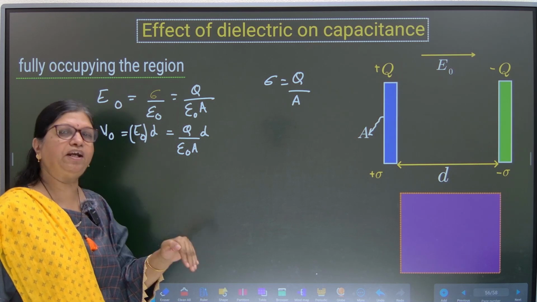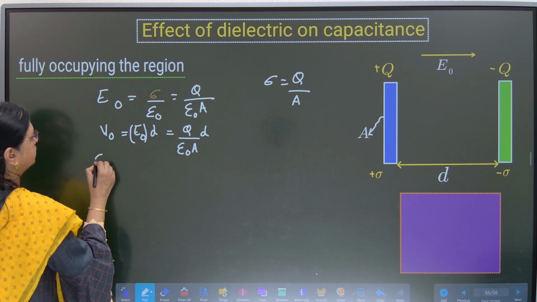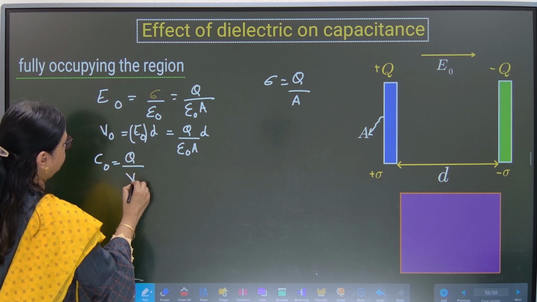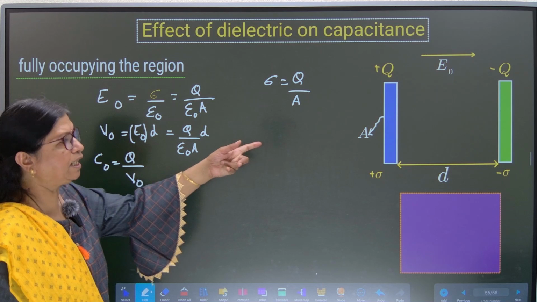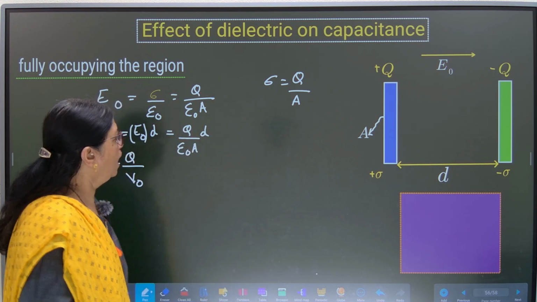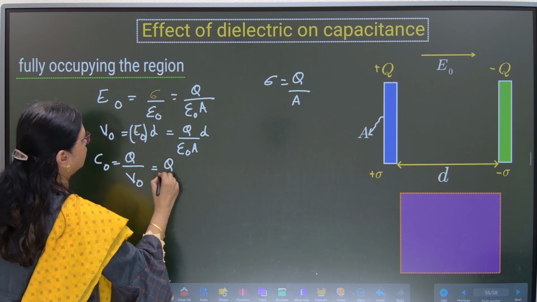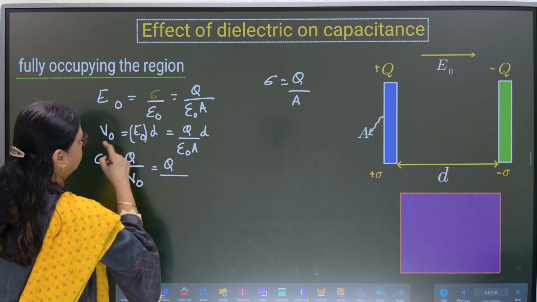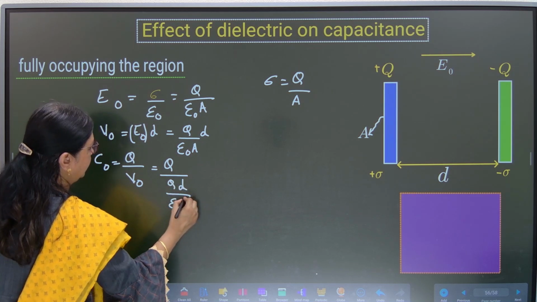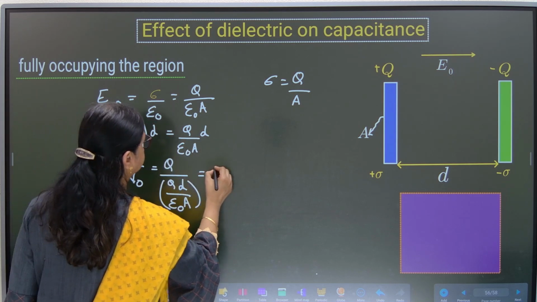Now, in video 13 itself, we have learned C naught is equal to Q upon V naught, where Q is the charge on the plate and V naught is the potential difference between the two plates. I have V naught from here, which I shall substitute. V naught is Q d upon epsilon naught A, so I take the reciprocal.